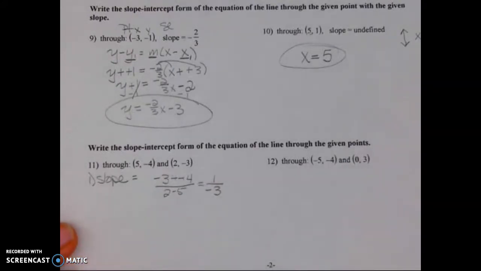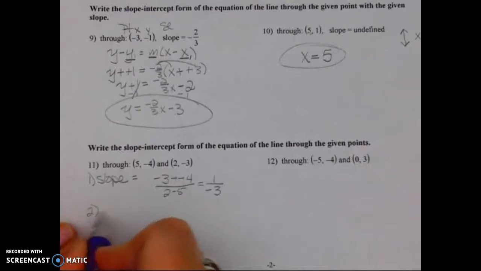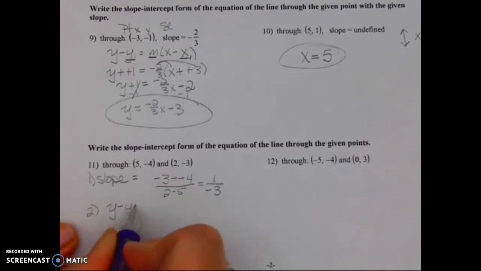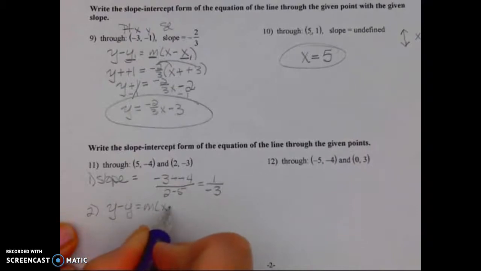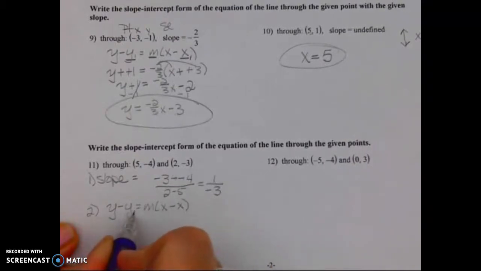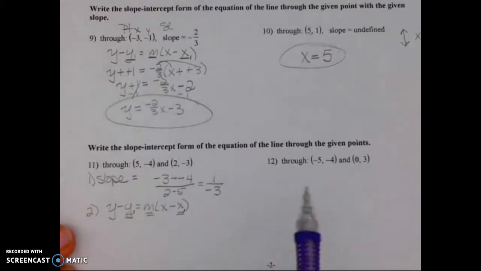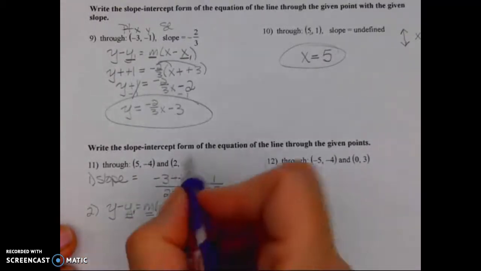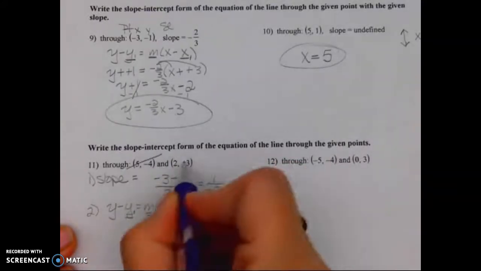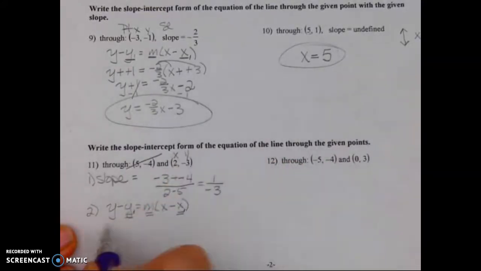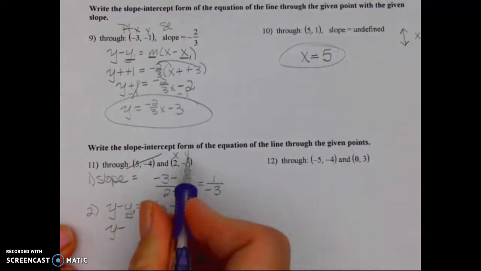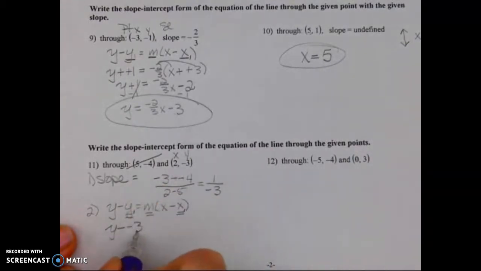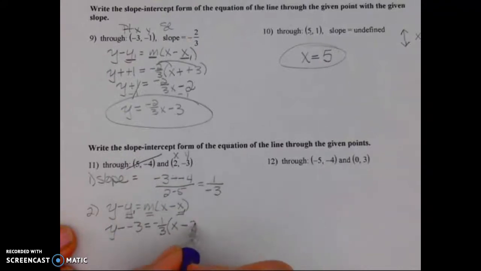Now, step 2, you're going to use the equation y minus y1 equals m times x minus x1. Just like I did before, substitute the y, the m, and the x. The thing is, you have 2 points, so you pick one. I'll use this one. Y minus, my y value is -3. My slope is -1/3. And my x value is 2.